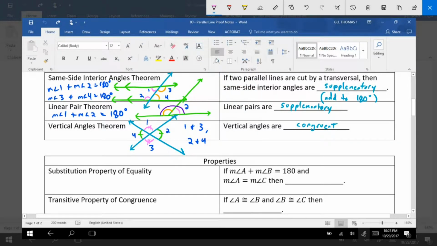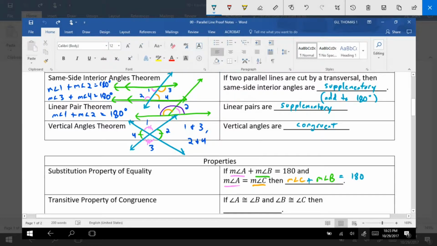Now on to the last one. These are some properties we've been using already. The substitution property of equality. If the measure of angle A plus the measure of angle B equals 180, and the measure of angle A equals the measure of angle C, then I can replace the measure of angle A with the measure of angle C. So instead of writing measure of angle A, I'm going to write measure of angle C plus the measure of angle B equals 180.